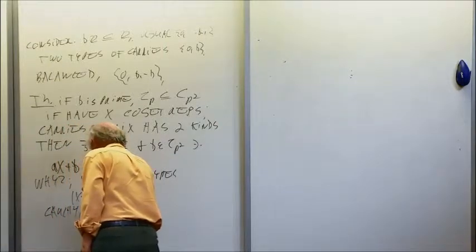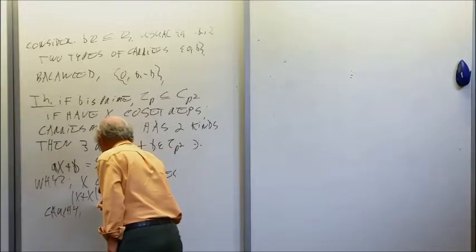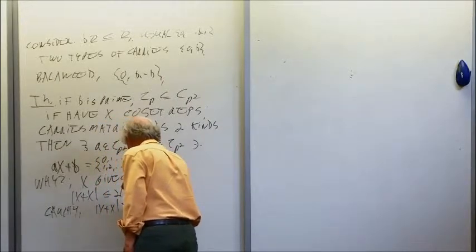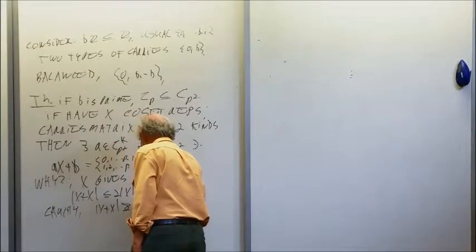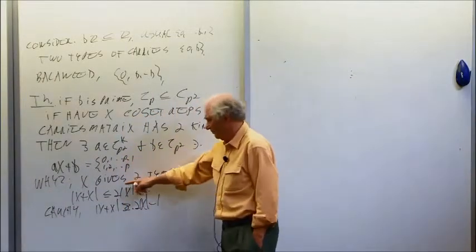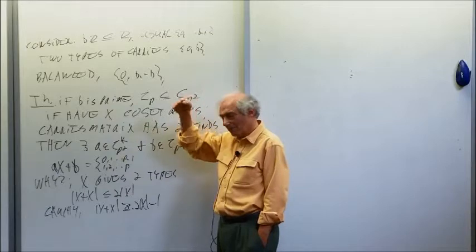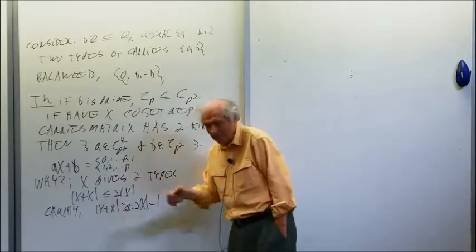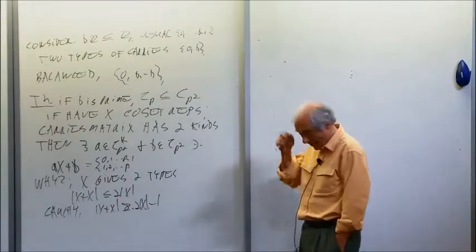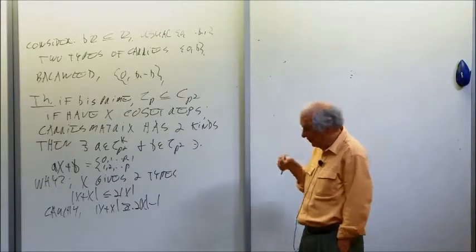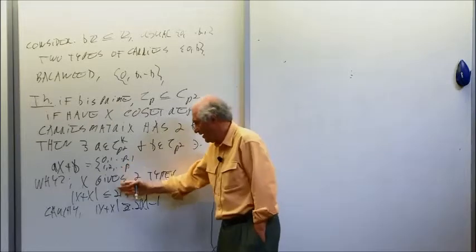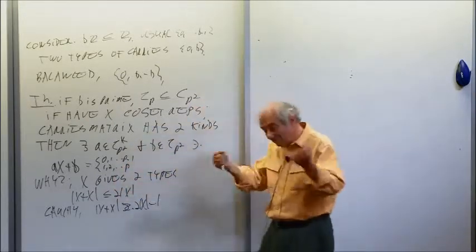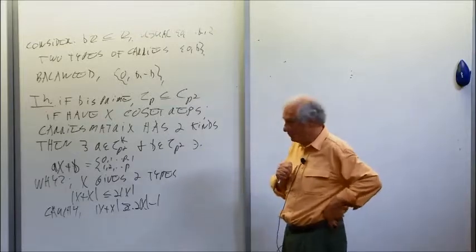it's always the case that for any set X of this type, X plus X is bigger than or equal to twice X minus 1. So if you only have two types of carries, the size of the set is very severely constrained. And one of the main findings of arithmetic combinatorics is that if a set has this form, then it's very close to an arithmetic progression.